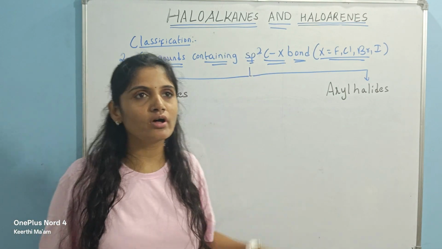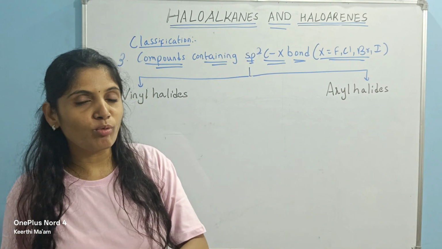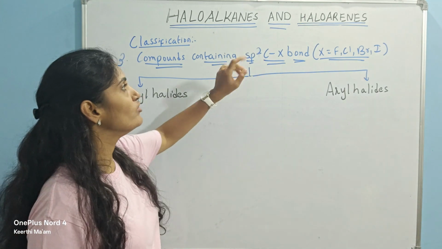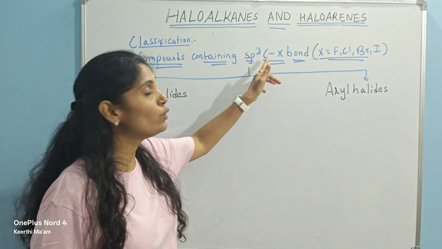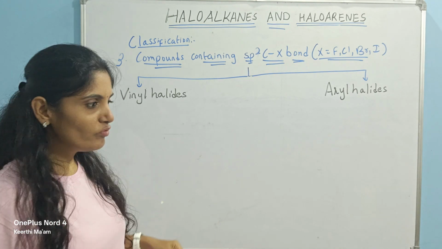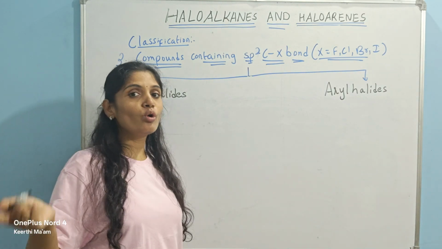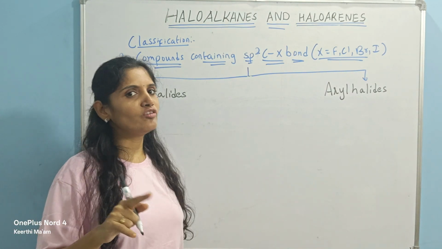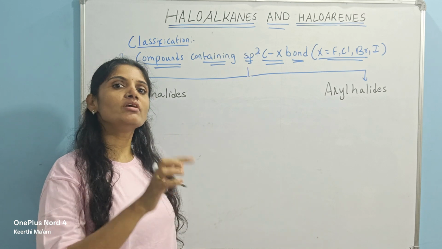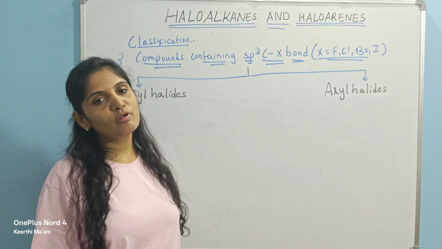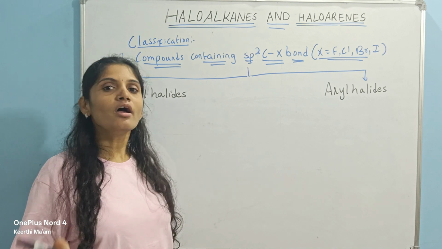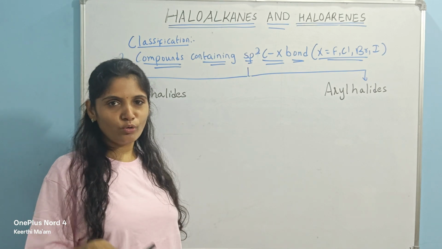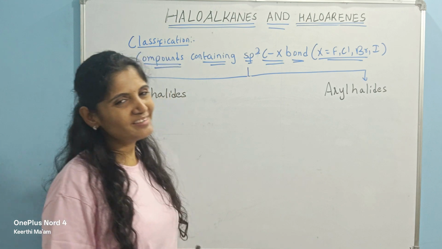We have to check the carbon-halogen bond where the carbon is holding sp2 hybridization. So we have to check the hybridization of the carbon holding the halogen, whether it is sp2 or sp3. In the previous case, the carbon was holding sp3 hybridization. Now here we will be seeing the carbon holding sp2 hybridization.